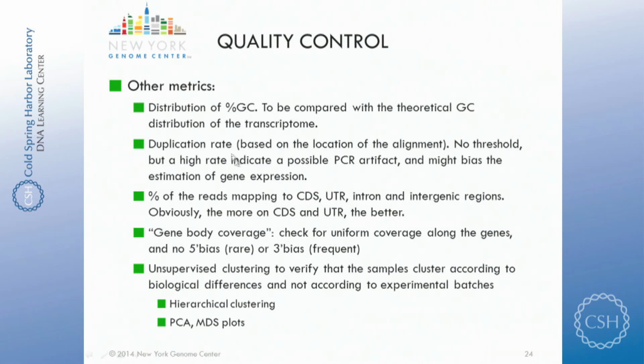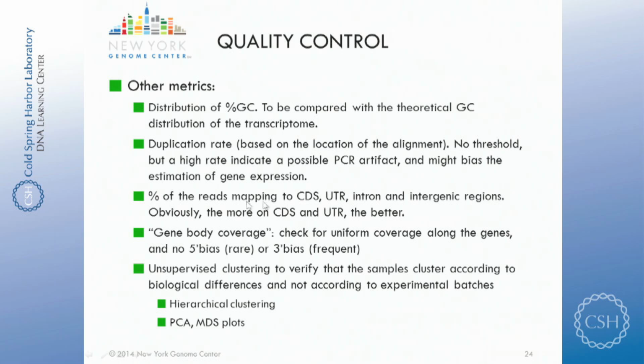You can measure this duplication rate, and that will tell you the percentage of the reads that map to the genome that are duplicated. And there is a way to remove those reads if needed. Again, usually we don't, but there might be cases where you want to do it.